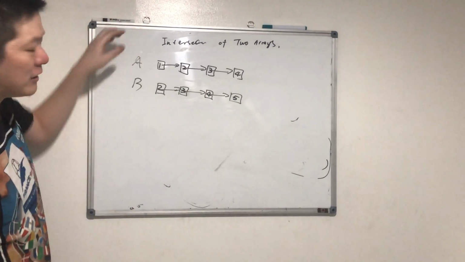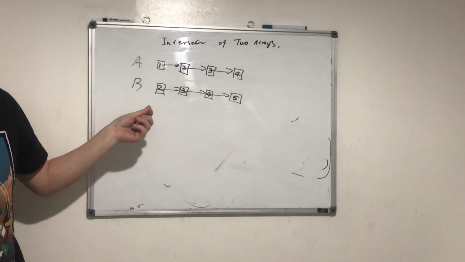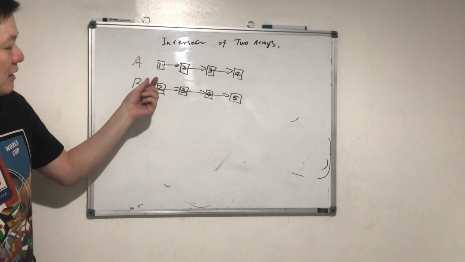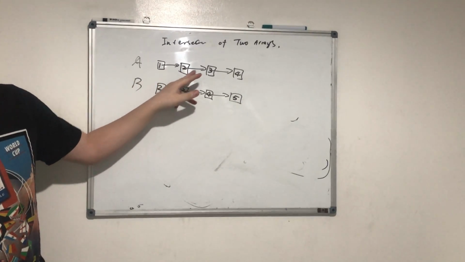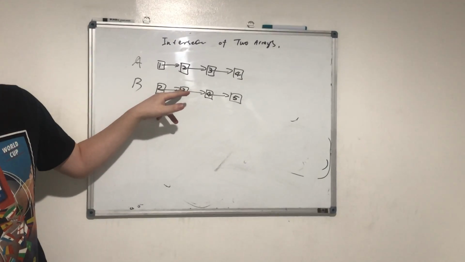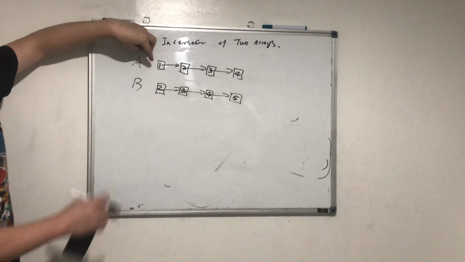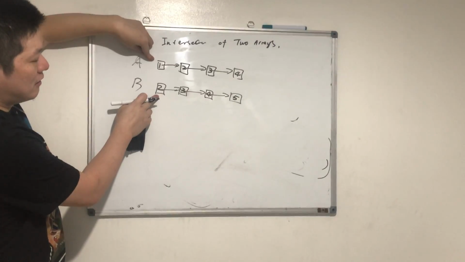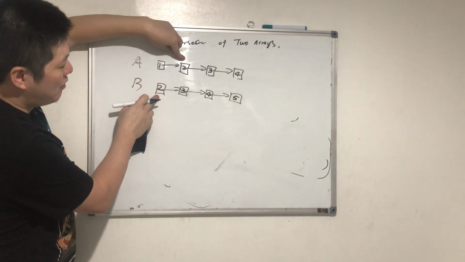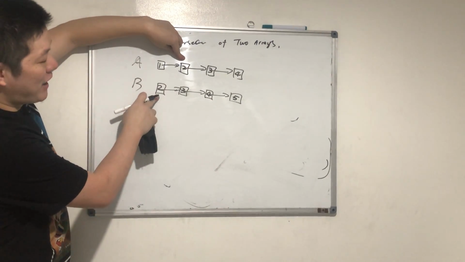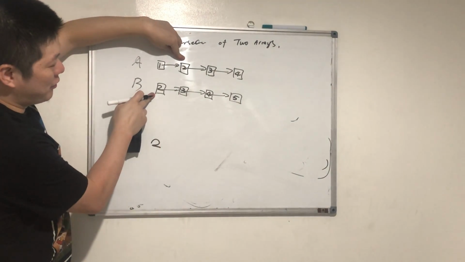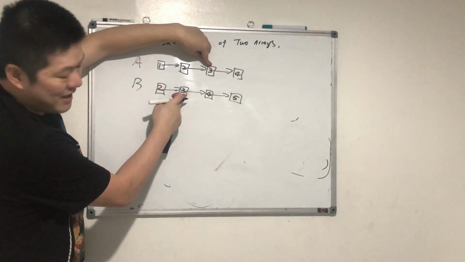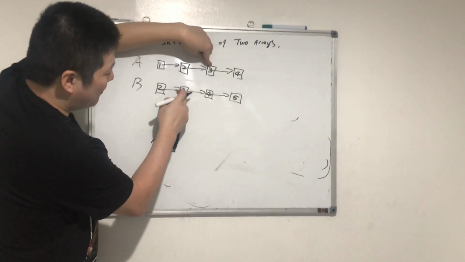So look, in order for this algorithm to work, we need two pointers. But this linked list needs to be sorted, am I right? Needs to be in order. Look, 1 is smaller than 2, so should I move 2 or 1? 1. 2 and 2, okay, it's the same, so we add it and then we move both together. 3 equals 3. 4 equals 4.